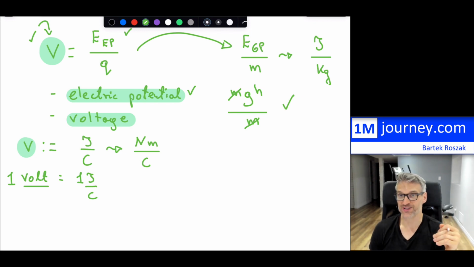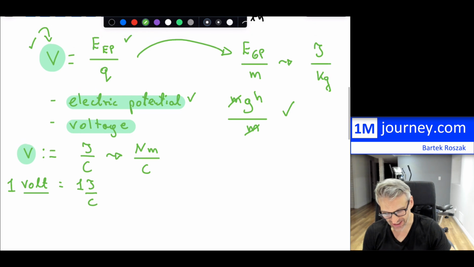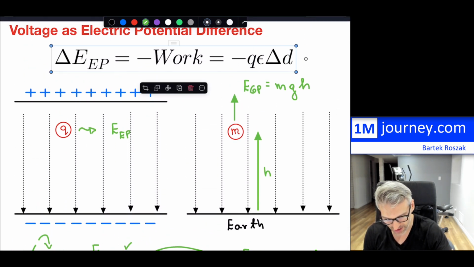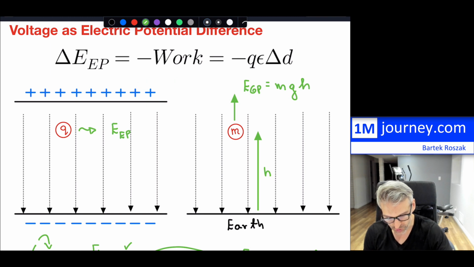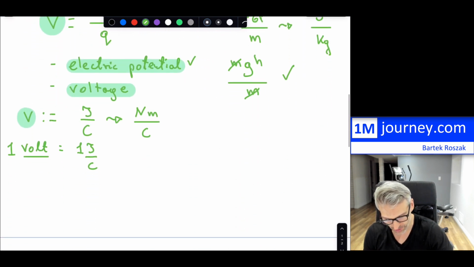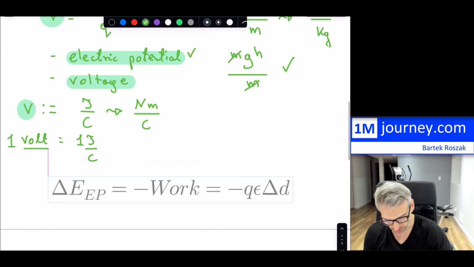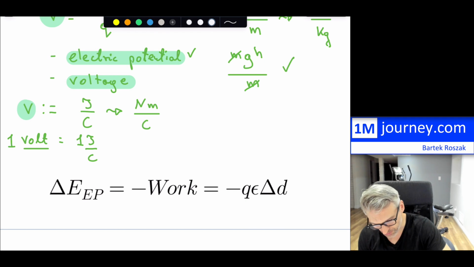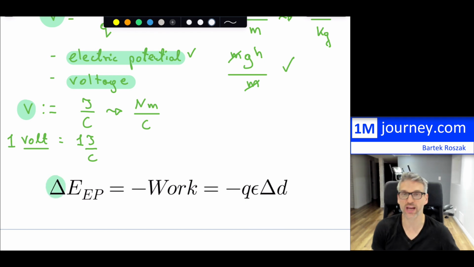Now, we've heard this, right? If I scroll back up here, this is exactly what we had over here. I'm going to copy this and duplicate it and bring it down here so that we can see this. Recall that this symbol right here meant that we have a change in electric potential energy. So there's a change or a difference, which I have also called the electric potential difference.